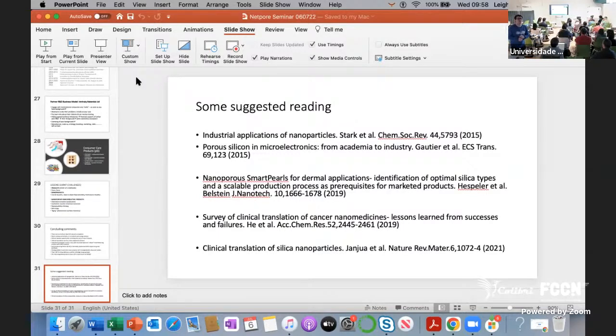But there is a problem about the porous silicons, because porous silicon is mainly fabricated by top-down ways, not bottom-up ways, mainly based on electro etching or photolithography. So how could we guarantee the quality of each nanoparticle?